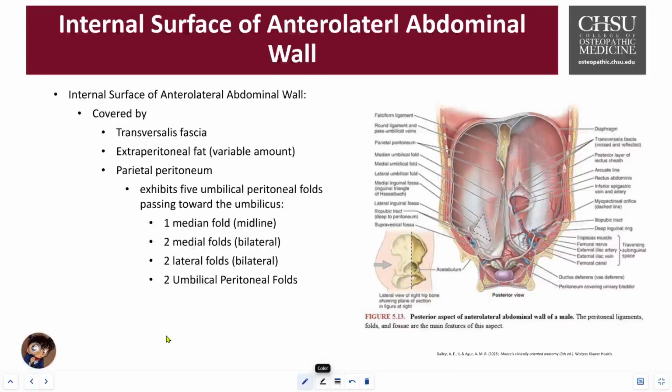This is the midline, and it contains the obliterated urachus. The 2 medial umbilical folds are bilateral, and they contain the obliterated umbilical arteries. Then we have the 2 lateral umbilical folds that are bilateral, and they cover the inferior epigastric vessels. You can see over here how they span over these structures, and they fold over these regions. There's the 1 median, there's the medial, and there's the lateral.